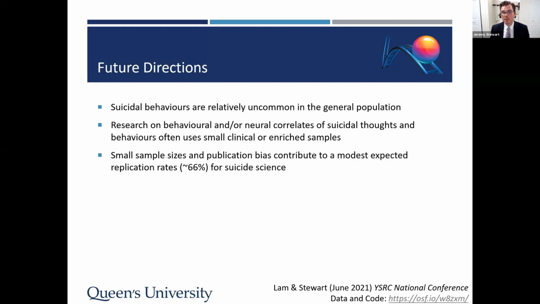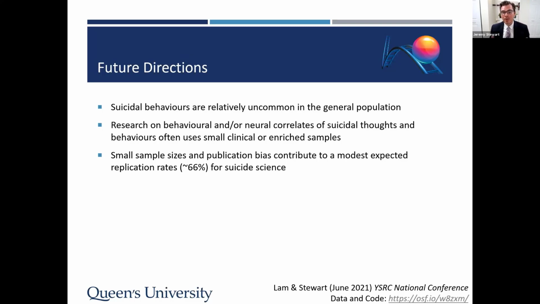The limited statistical power in many studies likely contributes to a modest expected replication rate for studies on suicidal thoughts and behaviors. I have a former student named Brendan Lamb, and he's working on a project that directly assesses the replicability of work in our field. And so far, he estimates that about 2/3 of existing studies would replicate, and he also finds evidence for an inflated false discovery rate in these studies.